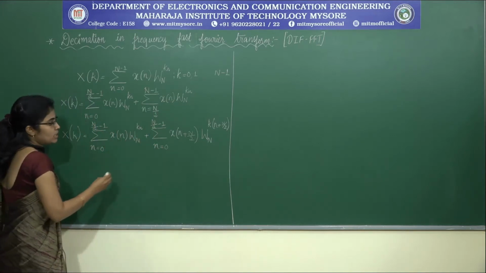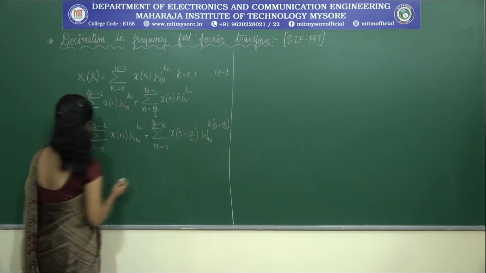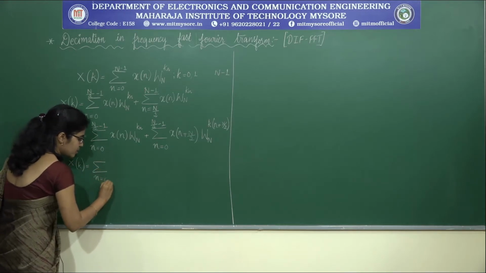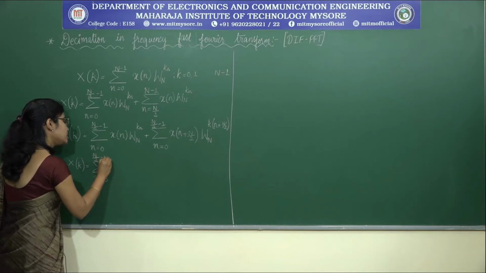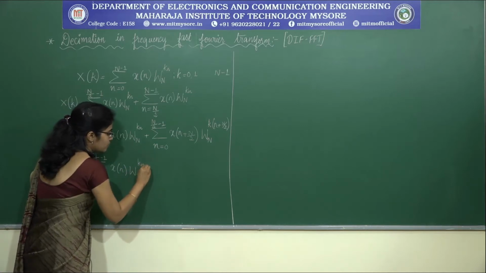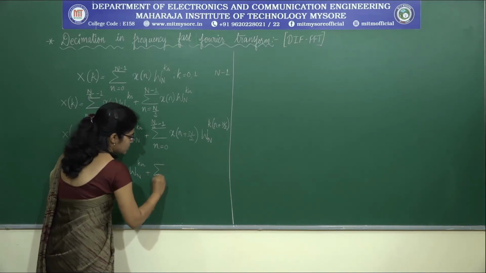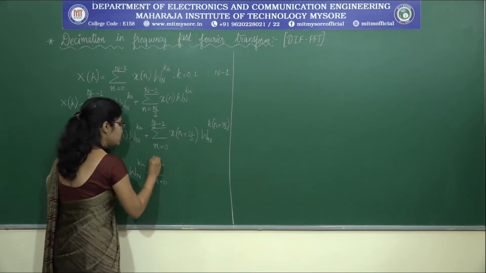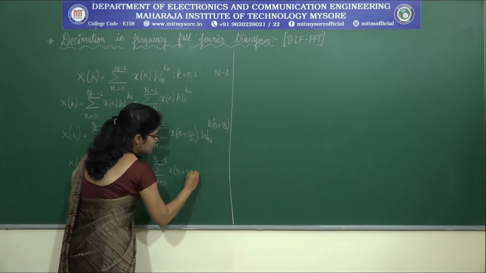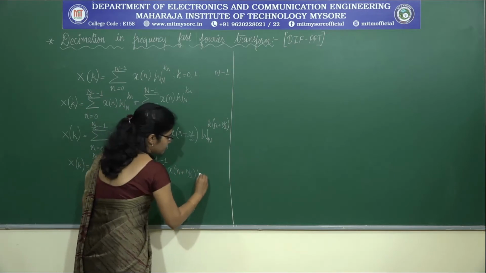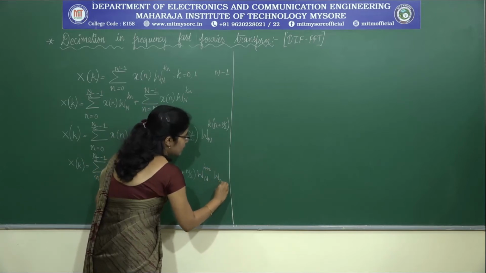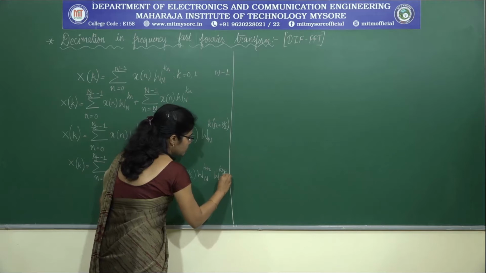Okay. So now let me write this twiddle factor term separately. If we do so, X of k will be equal to summation n ranges from 0 to N by 2 minus 1 x of n into omega N to the power of kn, plus summation n ranges from 0 to N by 2 minus 1 x of n plus N by 2 into omega N to the power of kn into omega N to the power of kN by 2.